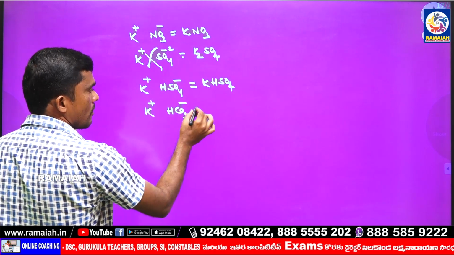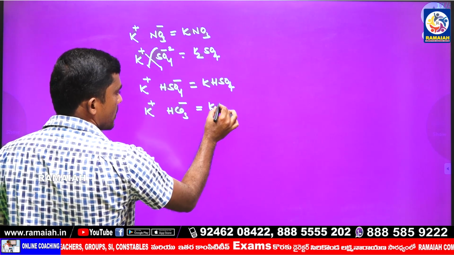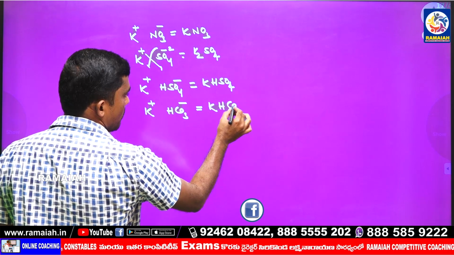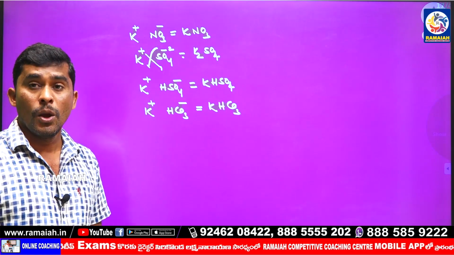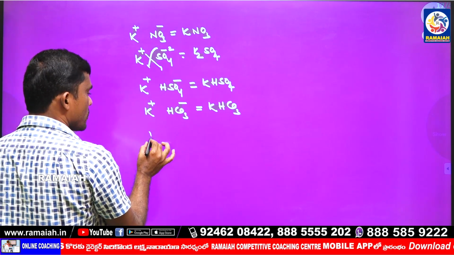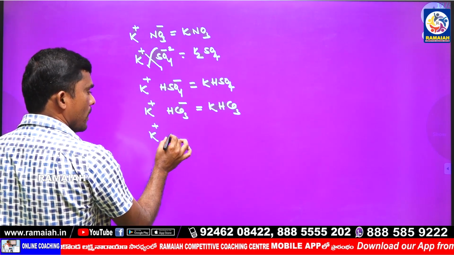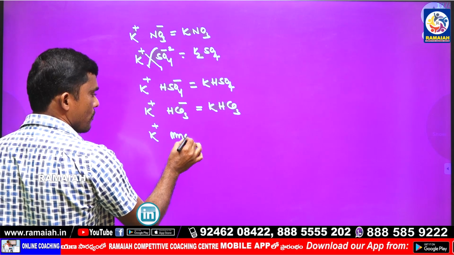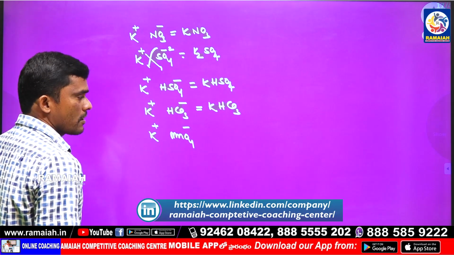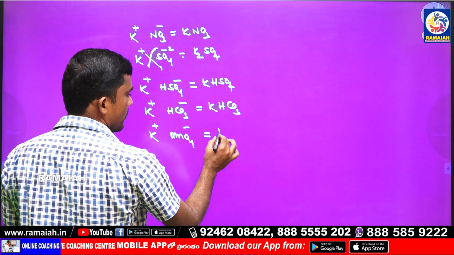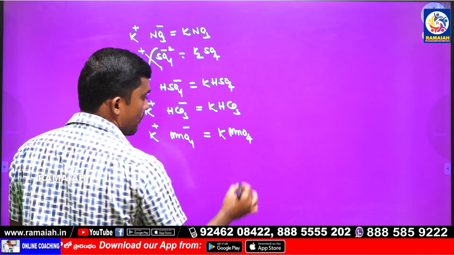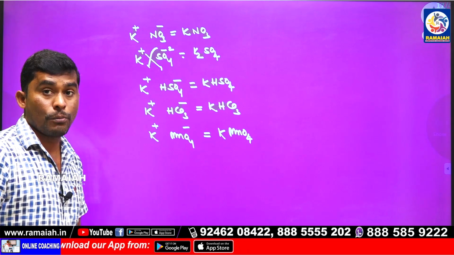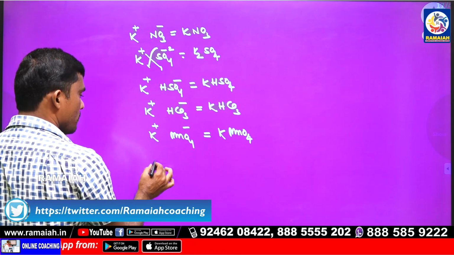The charges are equal, so the formula is KHCO3. Potassium permanganate. Potassium is K plus. Permanganate is MnO4 minus. The charges are equal, so the formula is KMnO4. Potassium dichromate. Potassium means K plus.